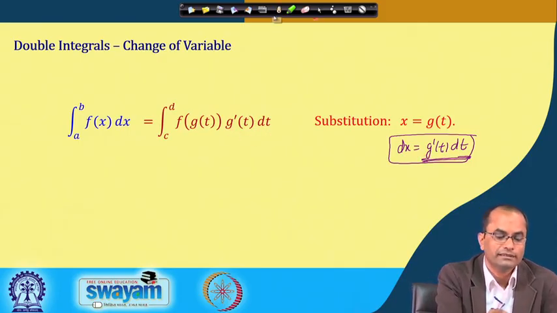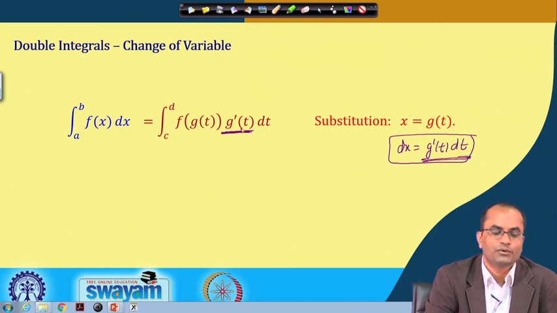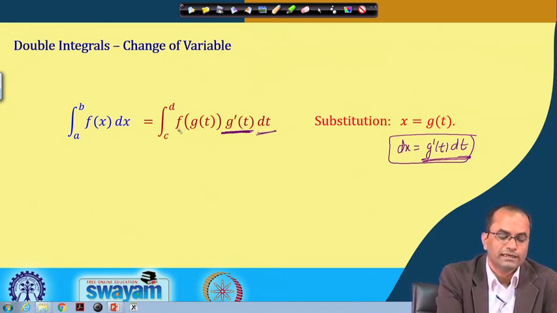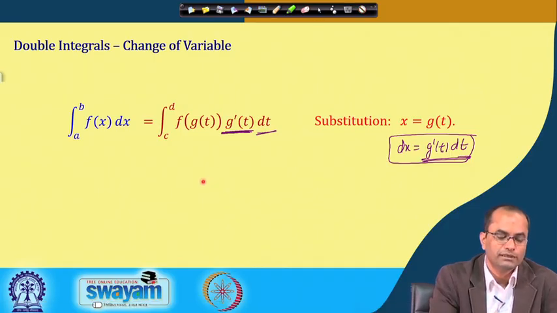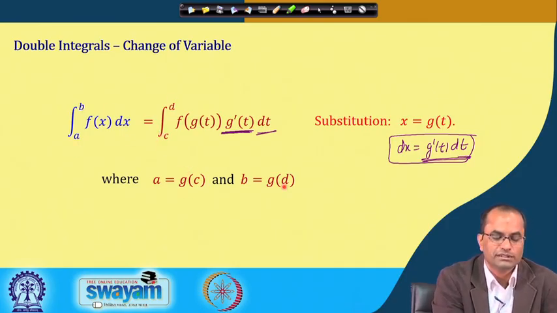So, that is again here to recall that we got something else here, which in case of the single integral is g prime, the derivative of this g, and then dt, and these corresponding limits will be computed again from this substitution only. So, this a is going to be g of c, and this b is nothing but g of d.